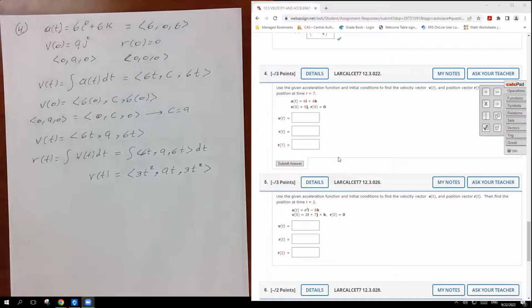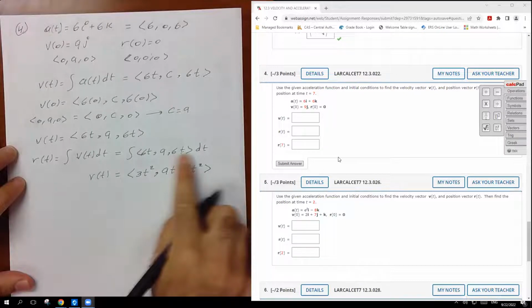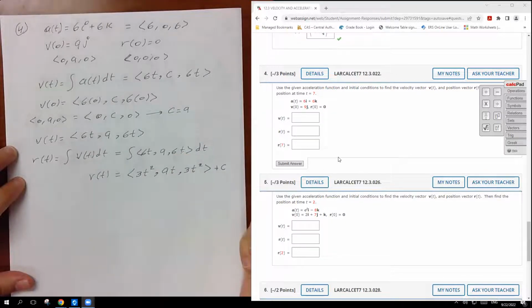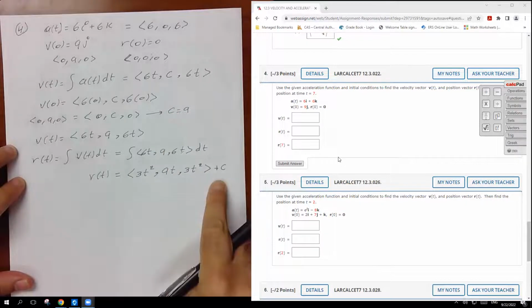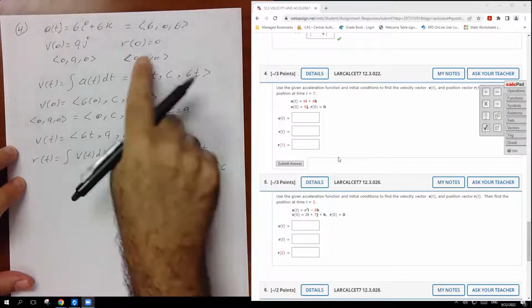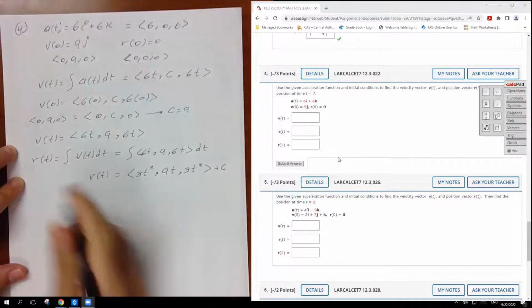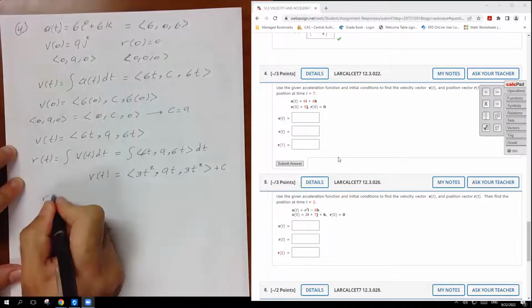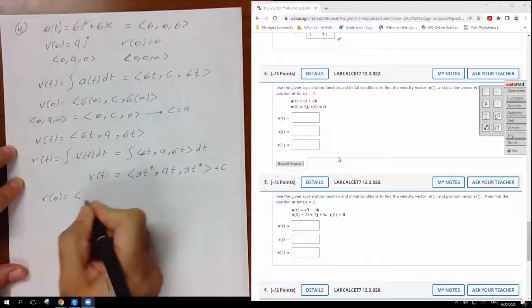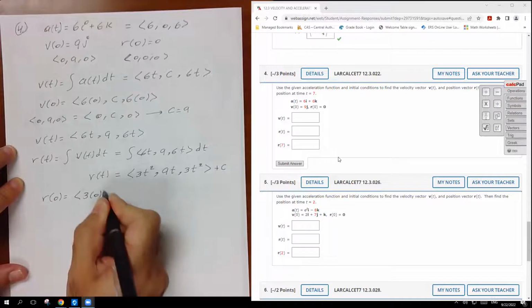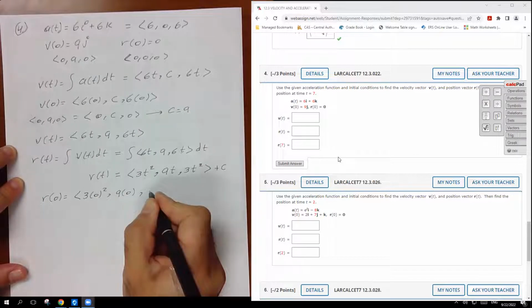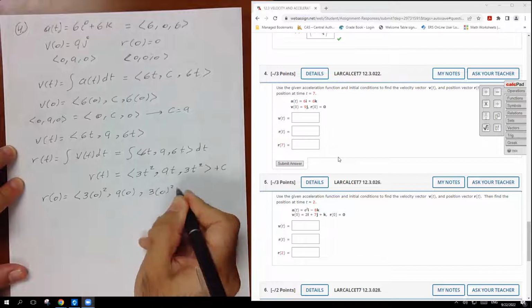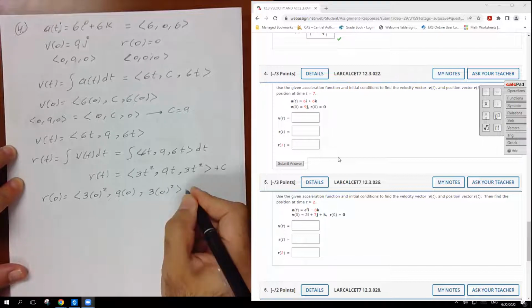But we need to add the constant because we don't want the integral. So we need to add c. This c is different than this one. This is the constant. We have to add it. Then by using the initial r of 0, we're going to find this constant. That means r of 0 is going to be 3 times 0 squared, and 9 times 0, and 3 times 0 squared, plus c.